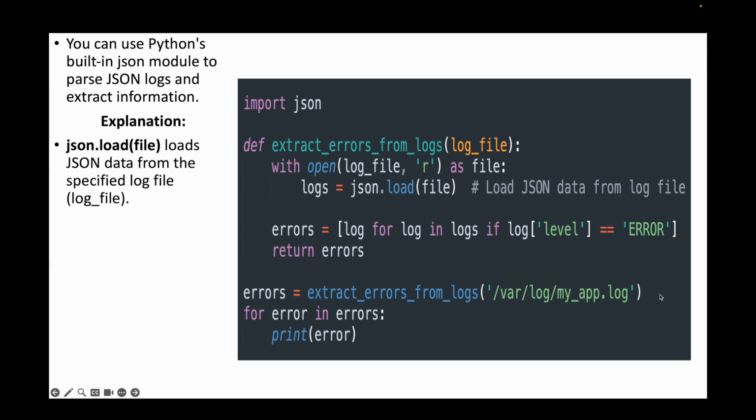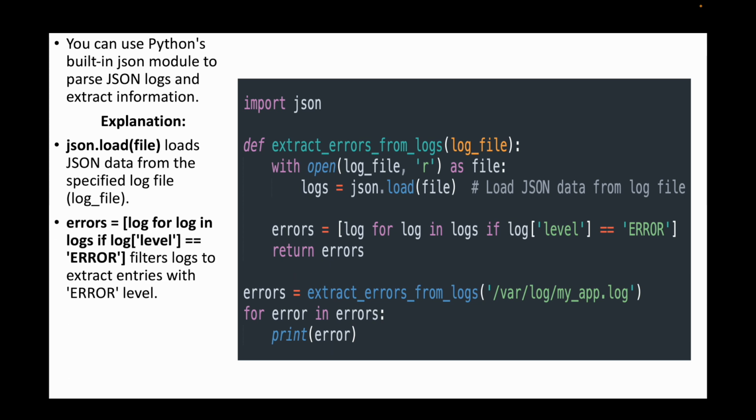So first, we will be loading the JSON file to basically read the data, and then we'll be using this for loop to basically look for this keyword error in the log file. So any entries that contain this error level. So this script will print each error log entry essentially.